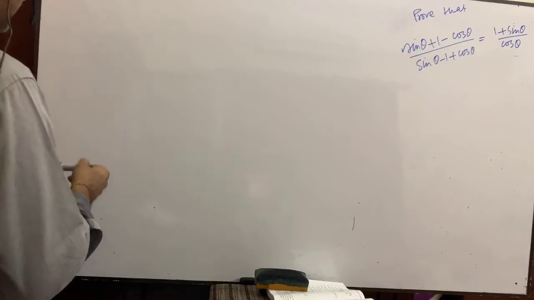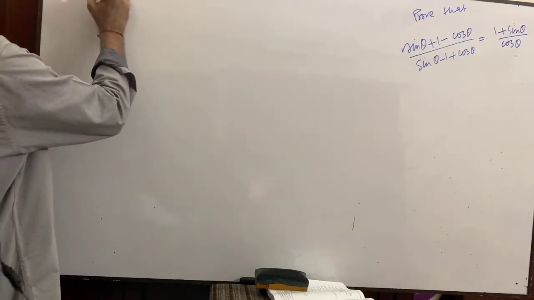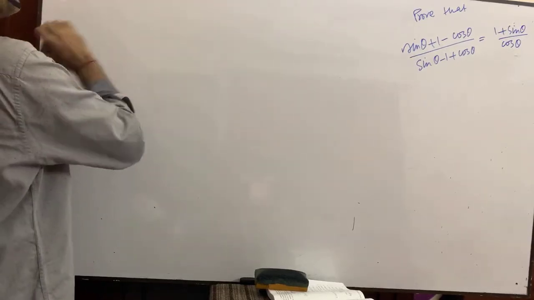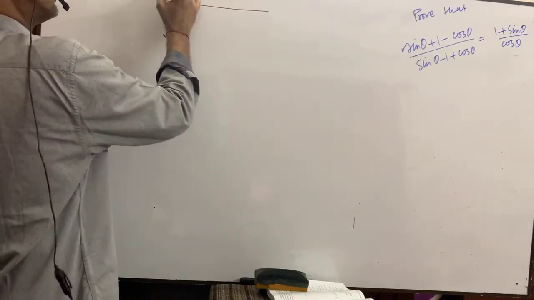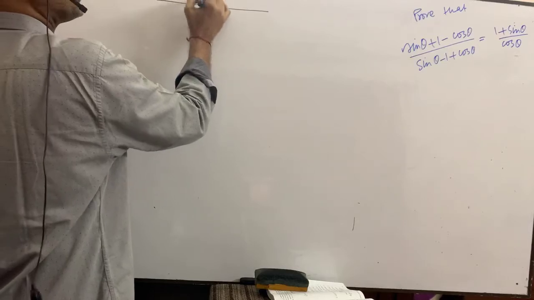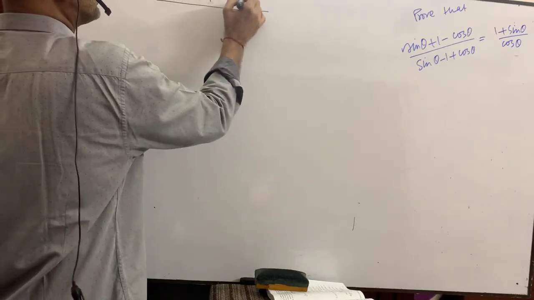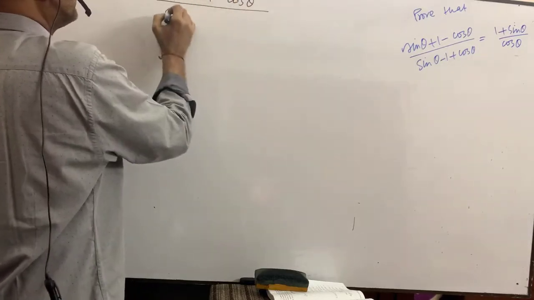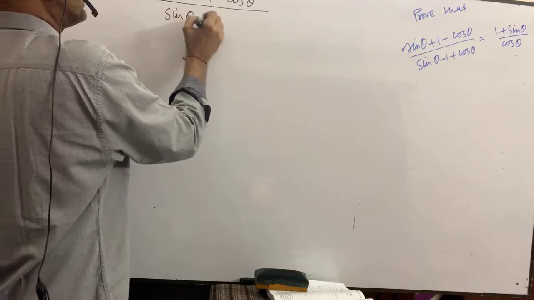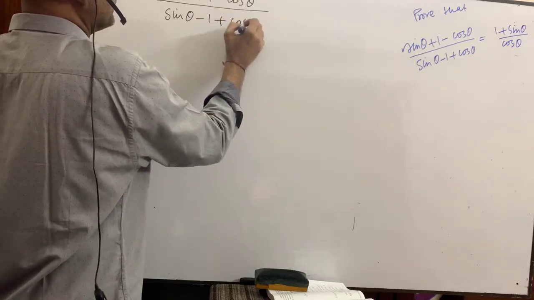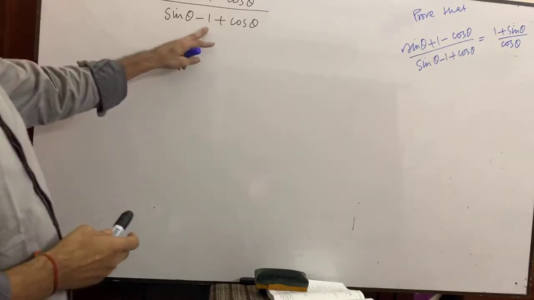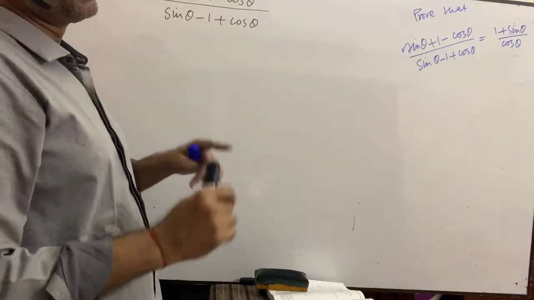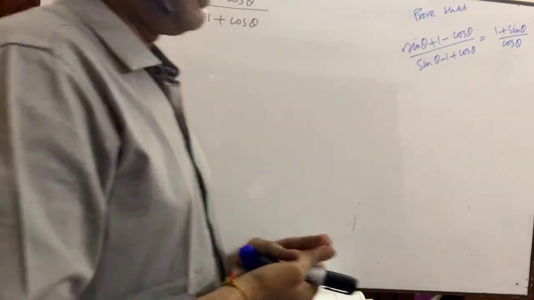You write down left hand side at first. The most important math, left hand side, is equal to (sin theta plus 1 minus cos theta) by (sin theta minus 1 plus cos theta). I think all of you have thought that for this minus 1 or this 1, you will put sin square theta plus cos square theta, right?